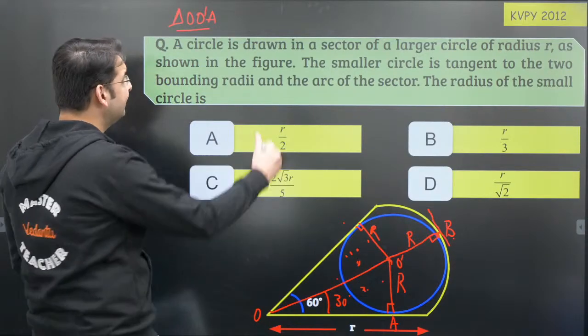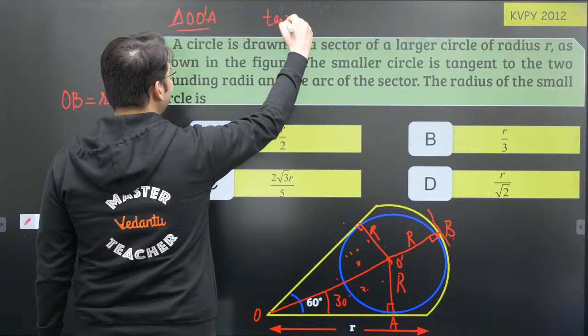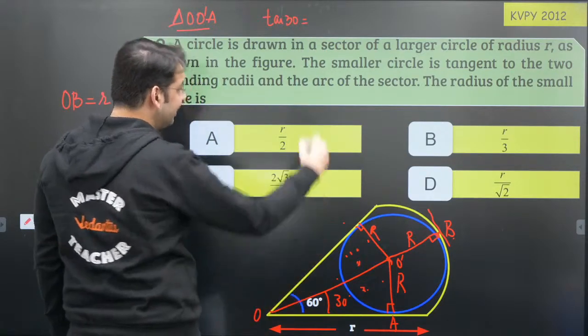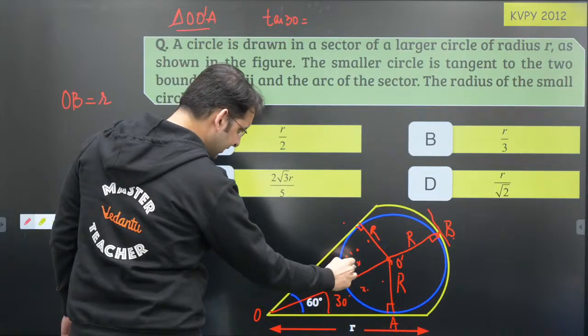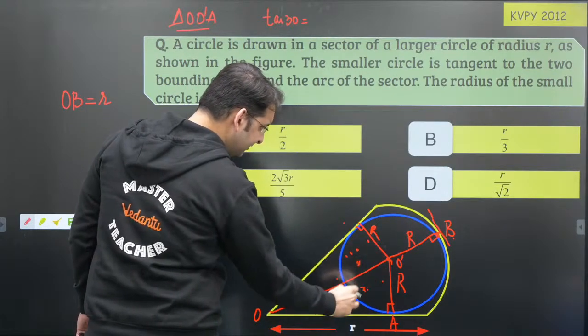What will it be? Tan 30. So tan 30 would be capital R, okay, so what will come here?